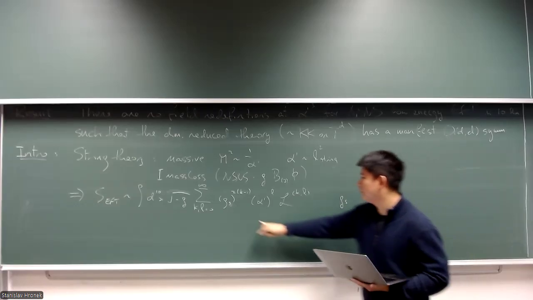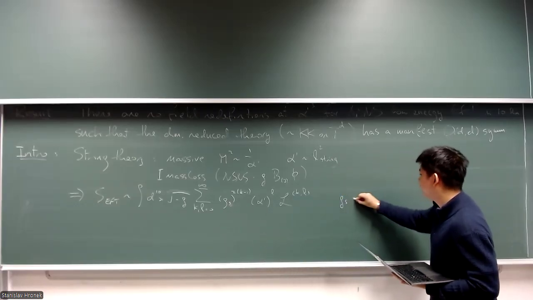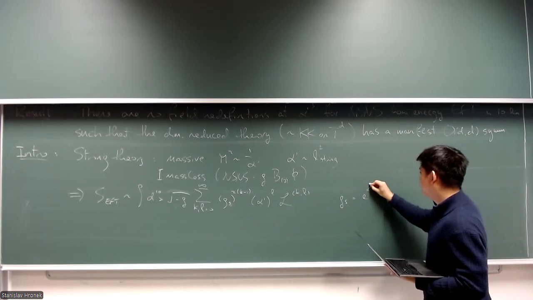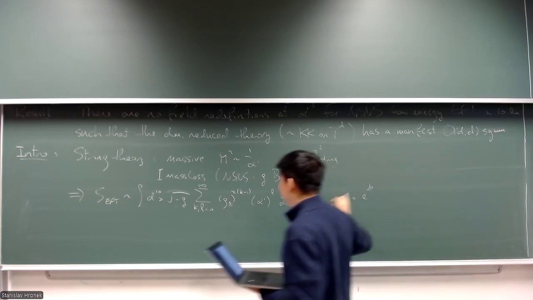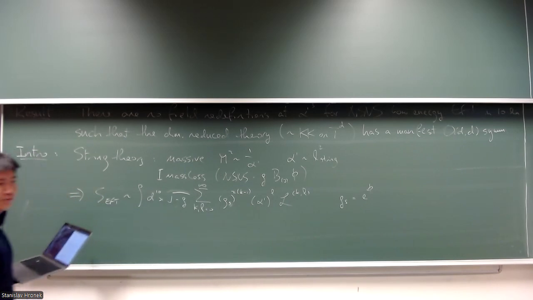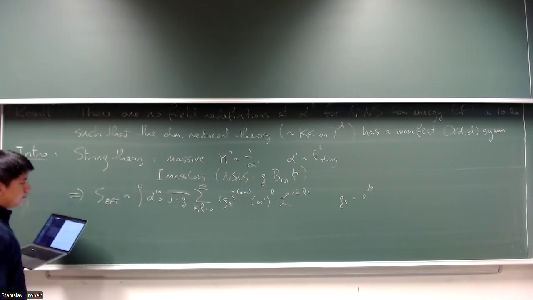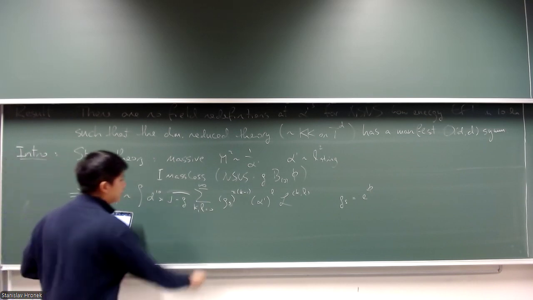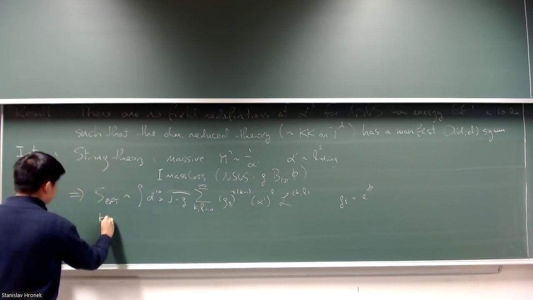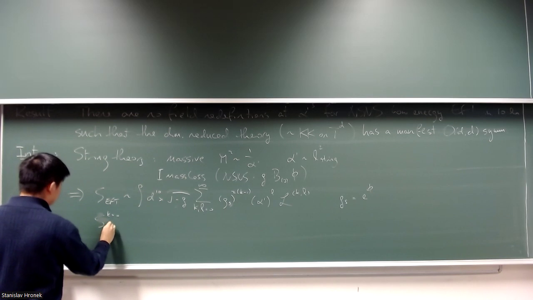And also this is g_s, which is the string coupling. Roughly speaking, in this case it is the exponential of the dilaton, but strictly speaking, it's the expectation value of that. Anyway, in this case we only take care of the zero case.